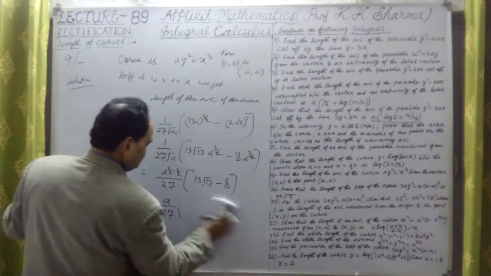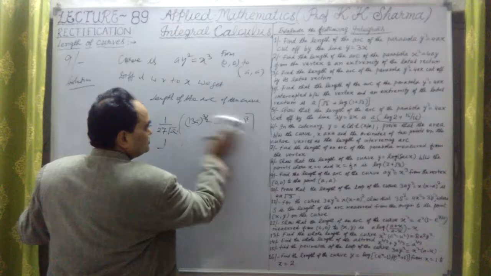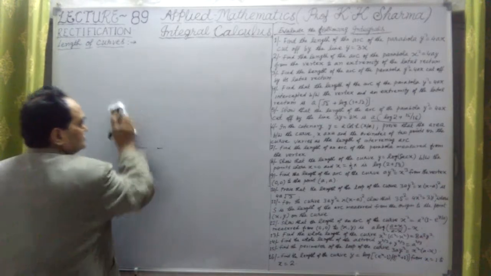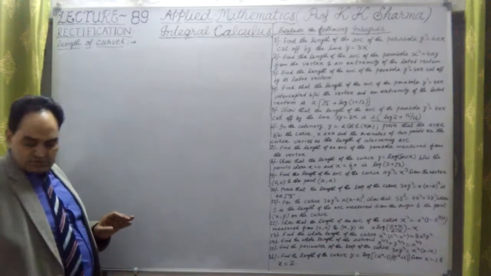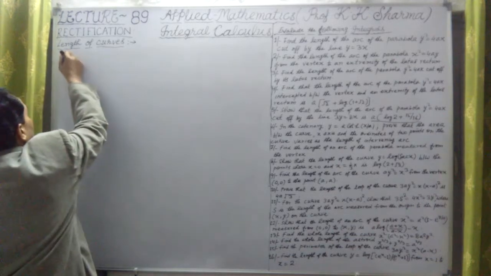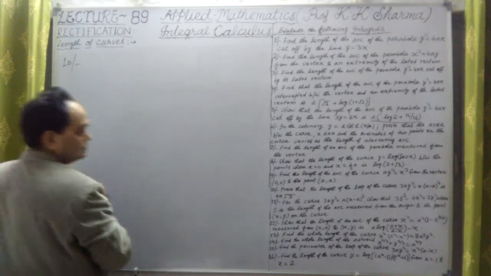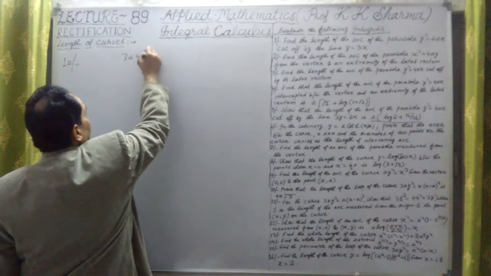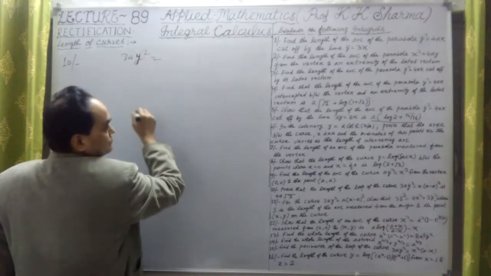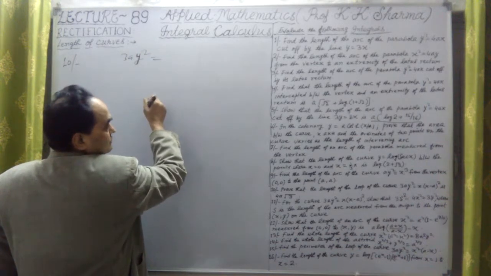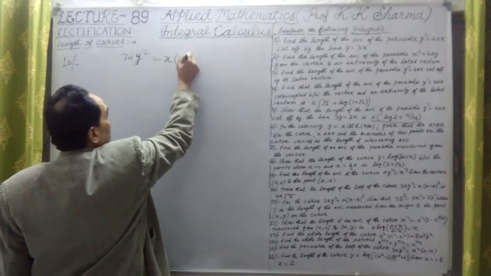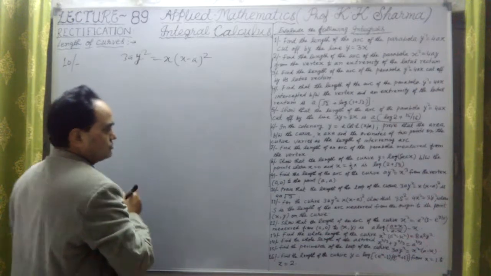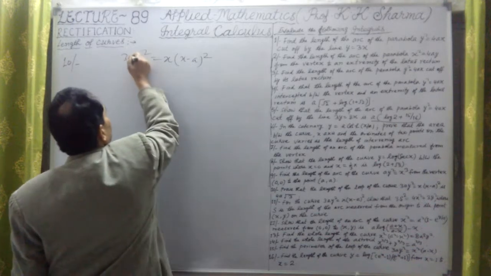So what's the loop here? Let me check question number 10. It says 3a y square equal to x into x minus a whole square. Okay, the length of its loop.